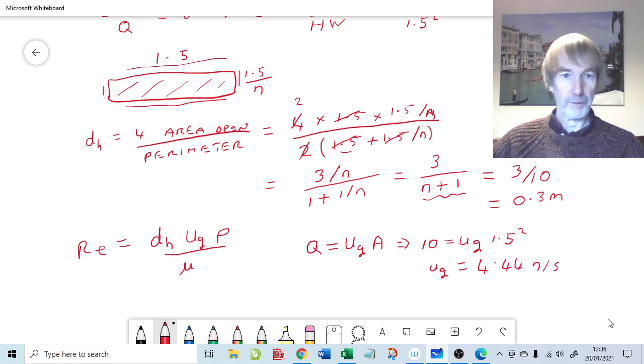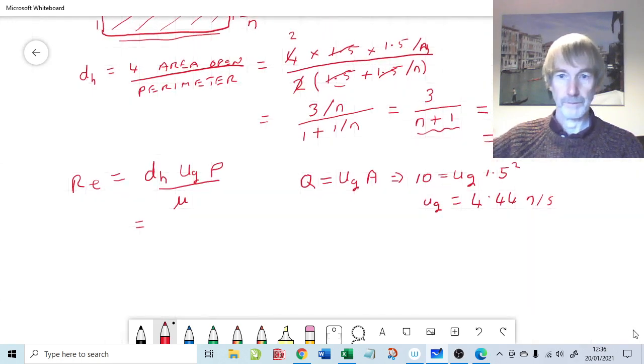I think we've got everything we need now for the Reynolds number. Just move it up a little bit. Okay, so we have our hydraulic mean diameter of 0.3. We have our velocity of 4.44.